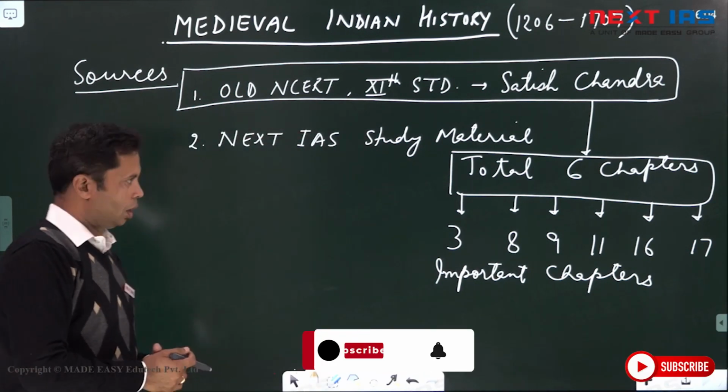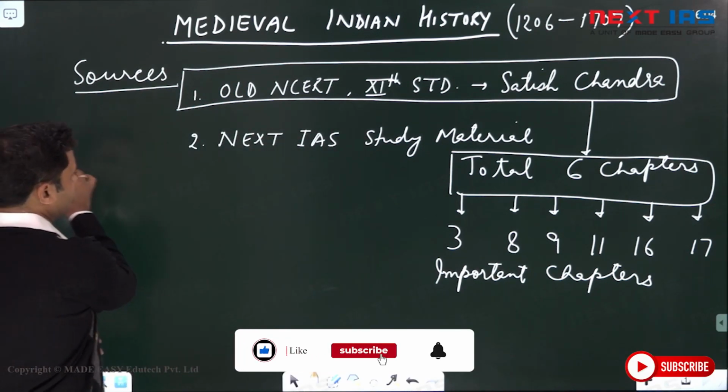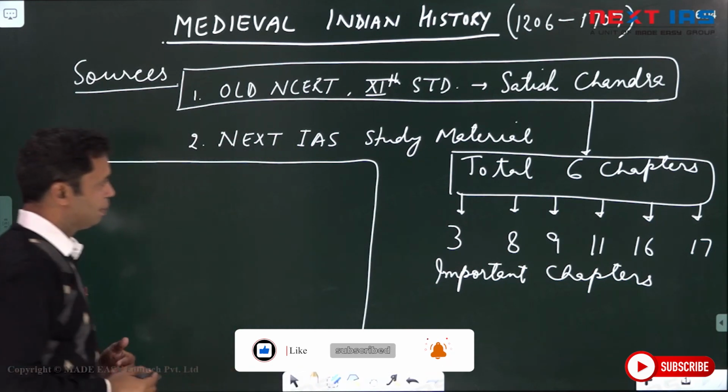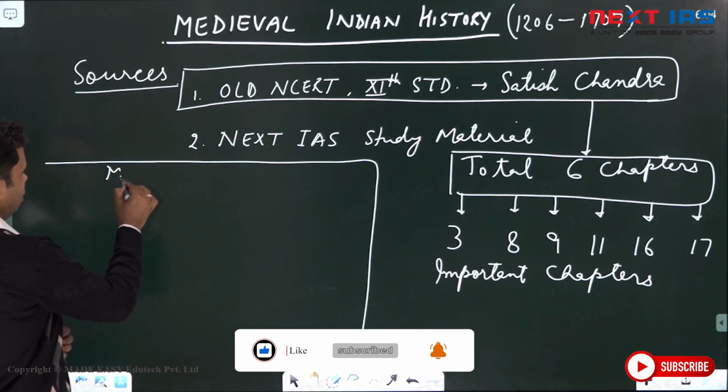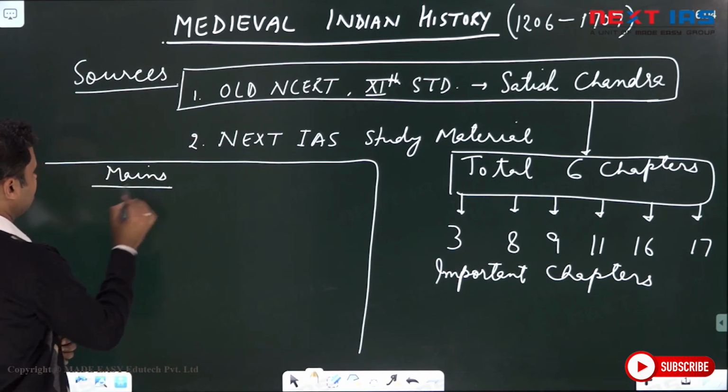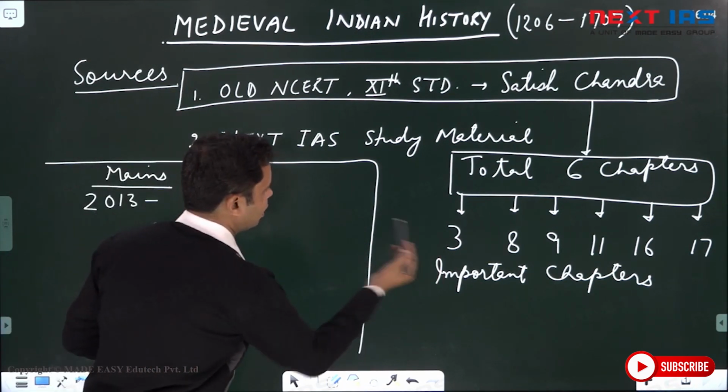And in order to give you much better clarity for the mains, you see, in the mains 2013, there was a question which can be answered by reading chapter 3.